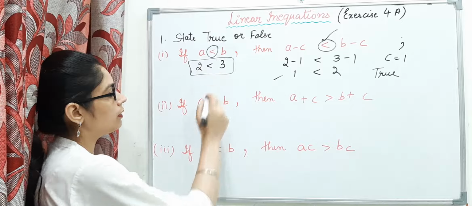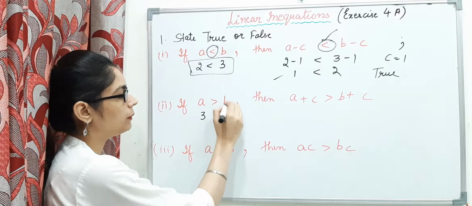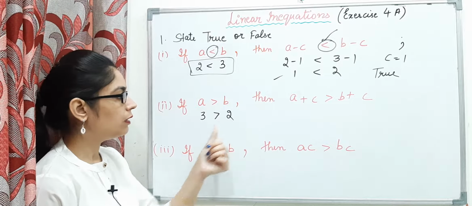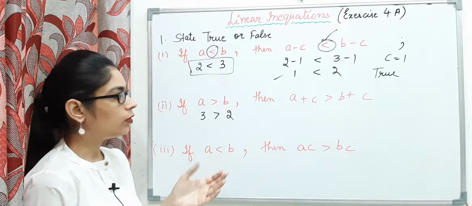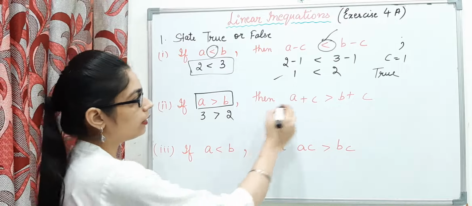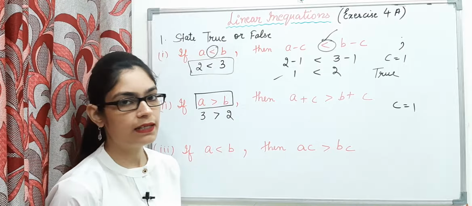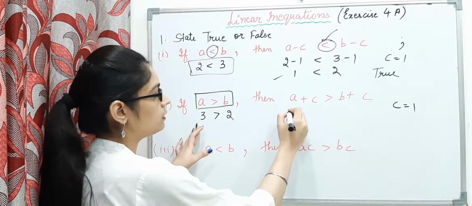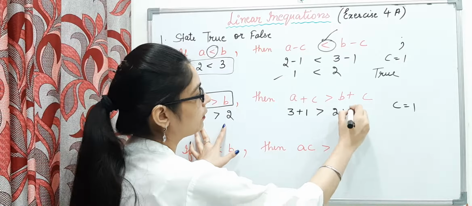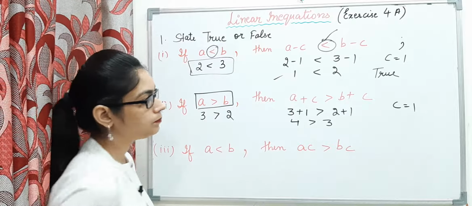A again I will assume, so since it's greater, let us assume A as 3 now and B as 2, because A is greater than B. So 3 is greater than 2, so accordingly you can assume any numbers. Now any common number, so C I am assuming C equals 1. So A is 3, 3 plus 1 is greater than 2 plus 1. 3 plus 1 is 4, 4 is greater than 3.